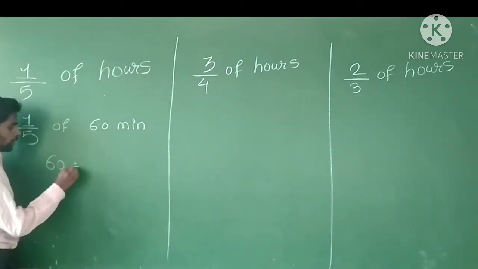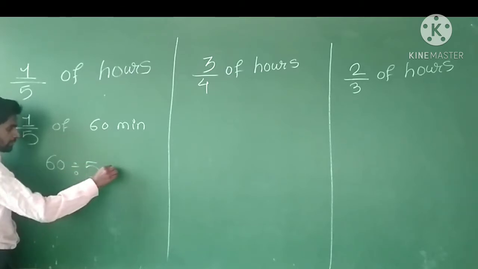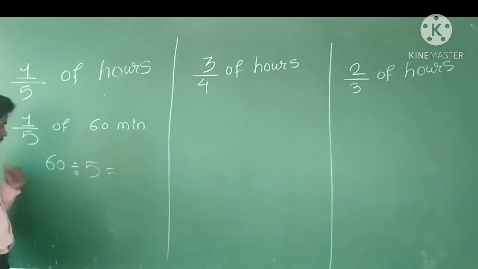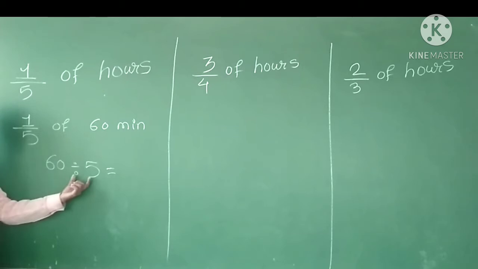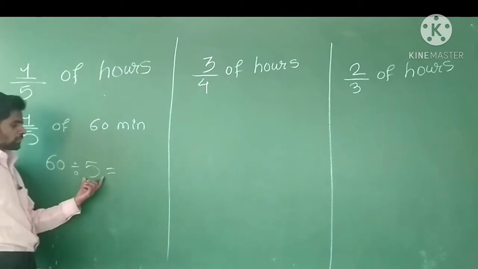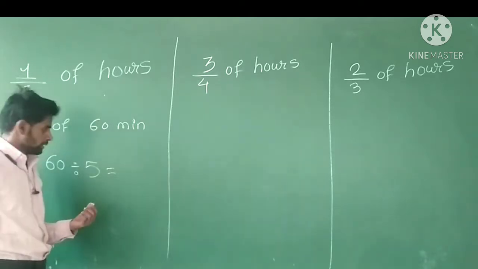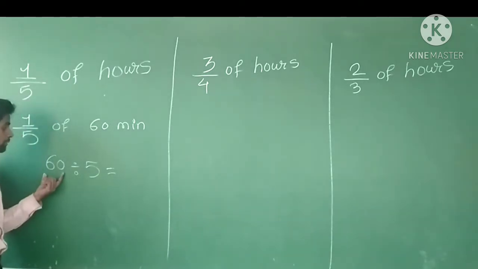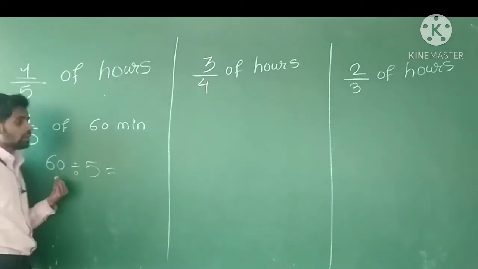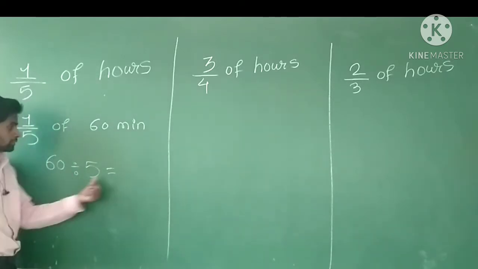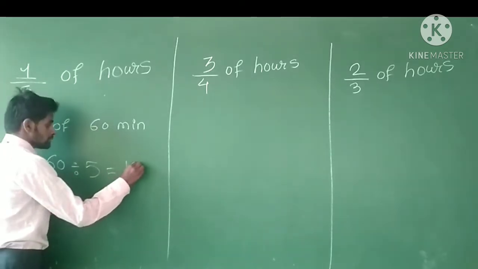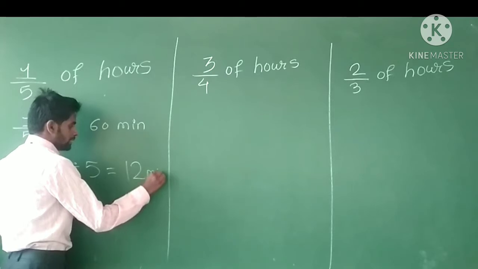Divide करो 60 को denominator से, that is 5. Okay. How many times will 60 come in the multiplication table of 5? 5 8s are 40, 5 9s are 45, 5 10s are 50, 5 11s are 55, 5 12s are 60. So that is 12 minutes.